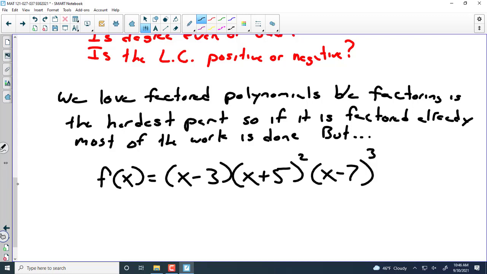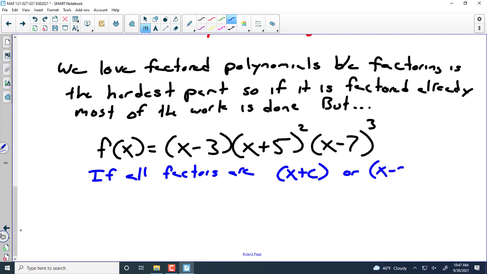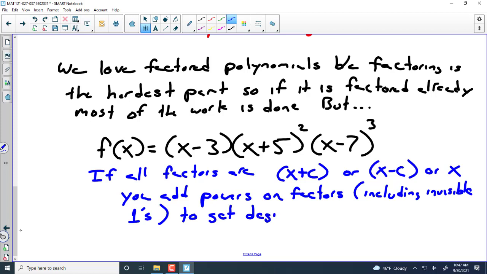So when we have something like this, if all factors are x plus a number or x minus a number, or x, you add powers on factors, including invisible ones, to get the degree.